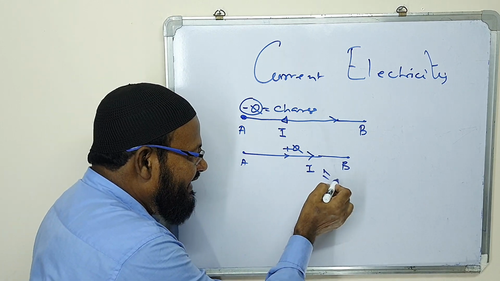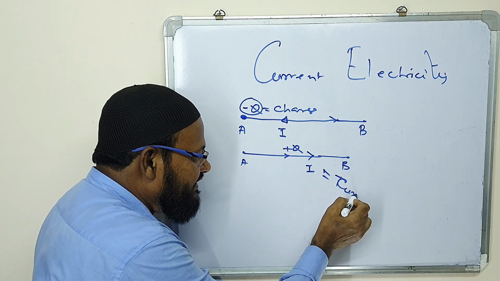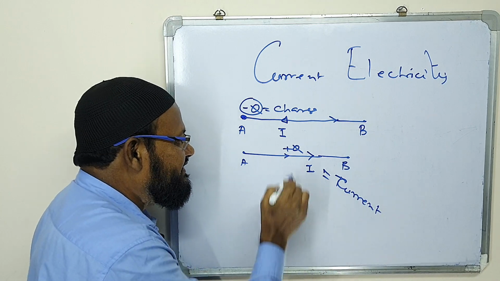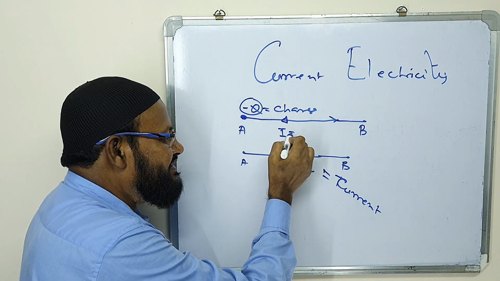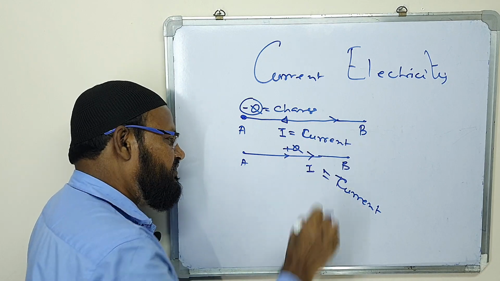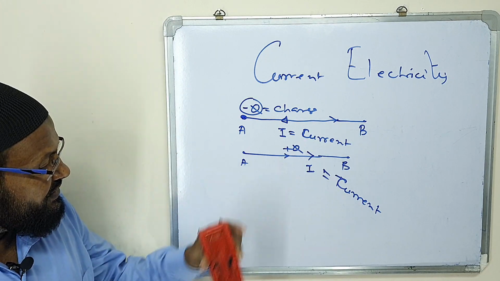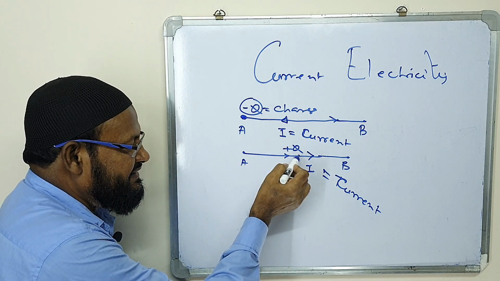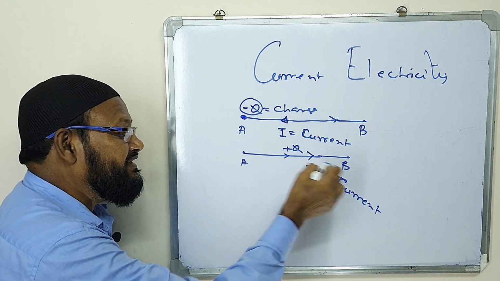Here I indicates the current, and this Q is the charge, so this is also current. Okay. Now what is the rule? For positive charge, charge and current have the same direction.